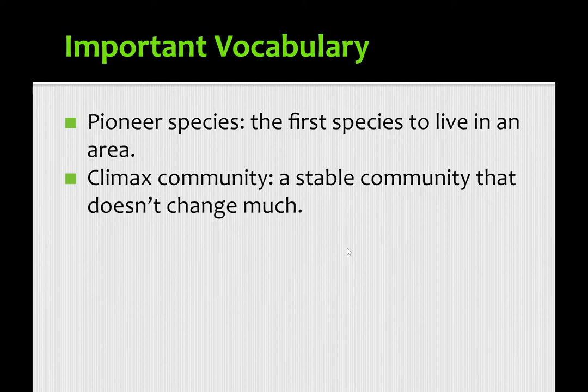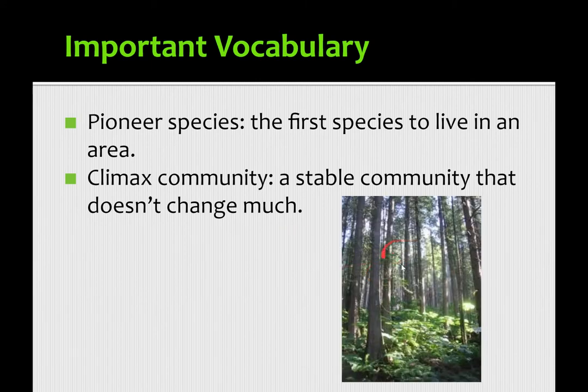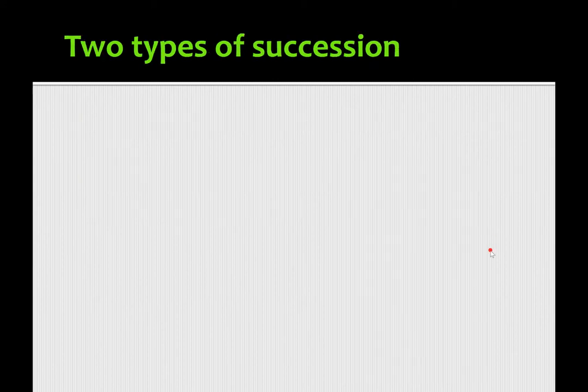This is when you have a stable community that's not changing very much. So think of a big coniferous forest, large oak trees, hardwoods everywhere. That's a climax community. So very, very old, tall trees.